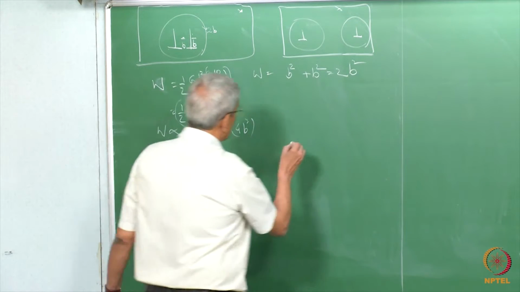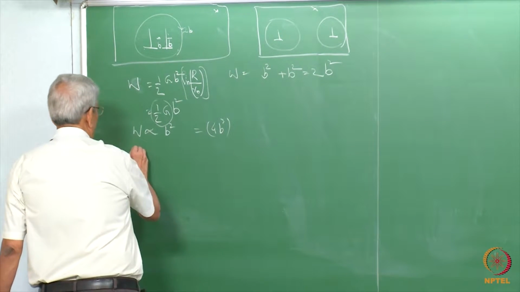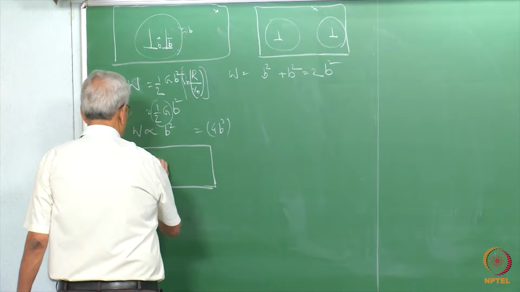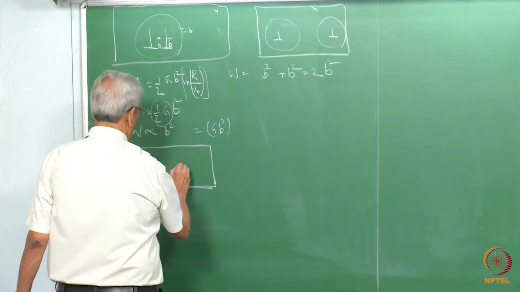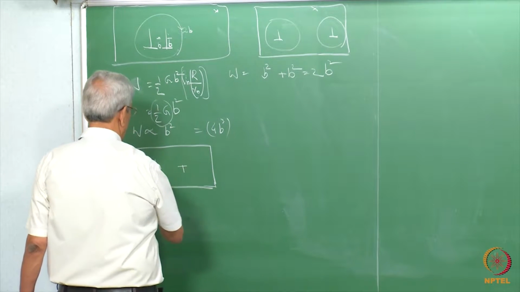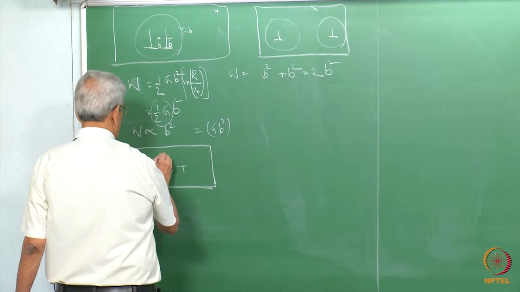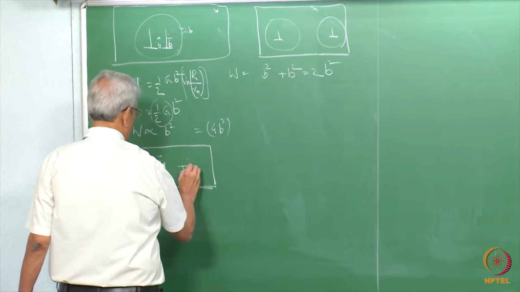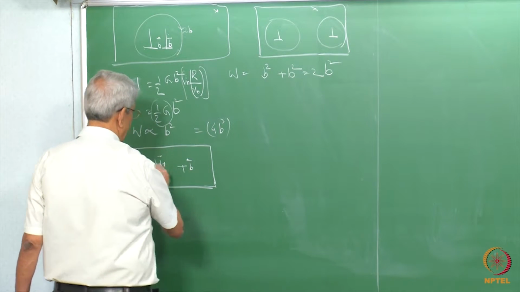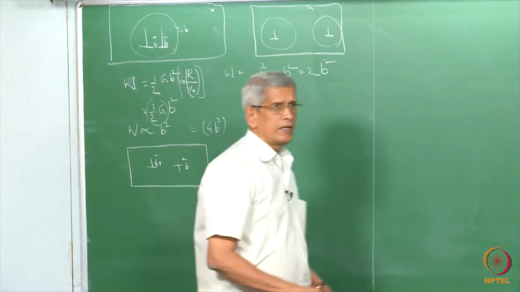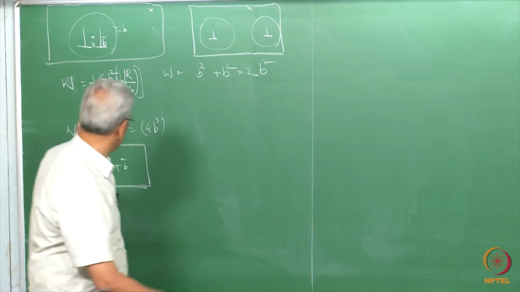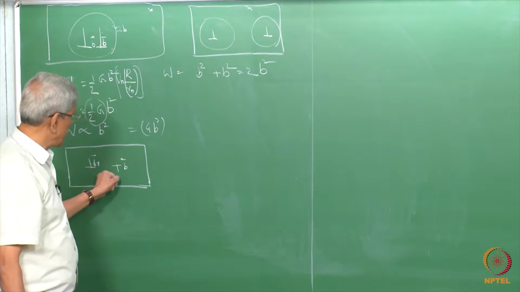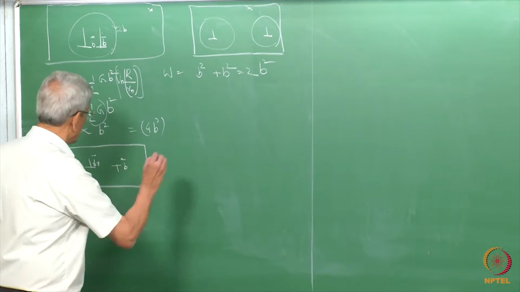Let us take another case, where there is one dislocation and another dislocation, with the Burgers vector b in this direction, positive, and here the Burgers vector b in this direction. This is something like an edge dislocation, where in one the extra plane is in this direction, and in the other the extra plane is in the opposite direction.